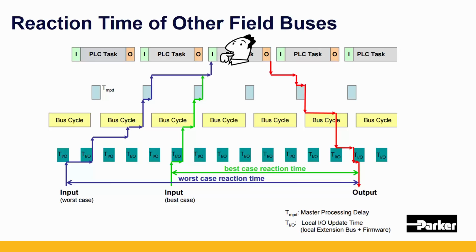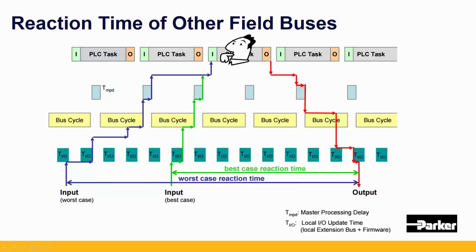If that information is retrieved from the bus cycle in the middle of a PLC task, it has to wait for the next PLC task to get registered. So we're talking about potentially up to 2 PLC tasks that could have already occurred before we've even registered an input. And this is also the same process that happens on the output.